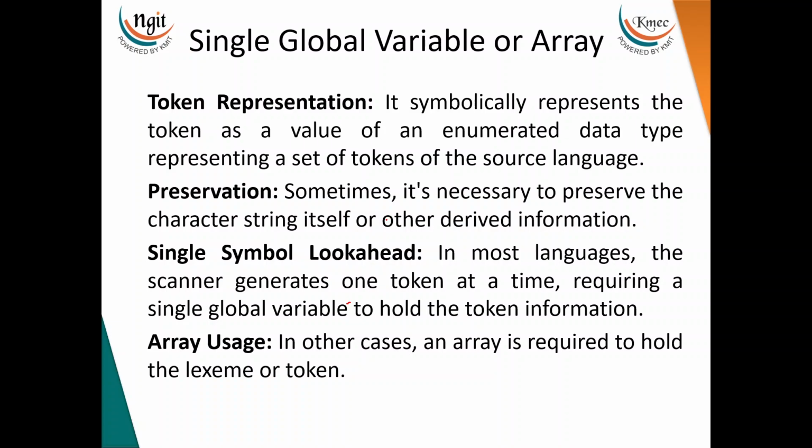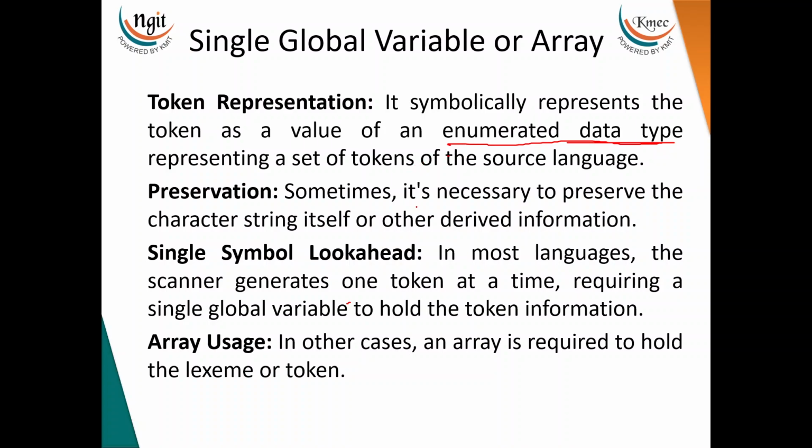Generally, for all the tokens we use in our subject, we create an enumerated data type, which you know from the C language. To represent the tokens of a source language, we create enumerated data types like identifier, operator, constants, and based on that we recognize the tokens.